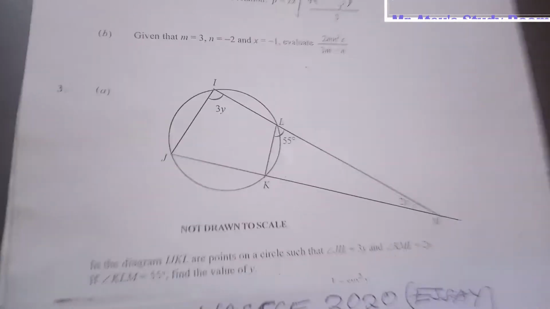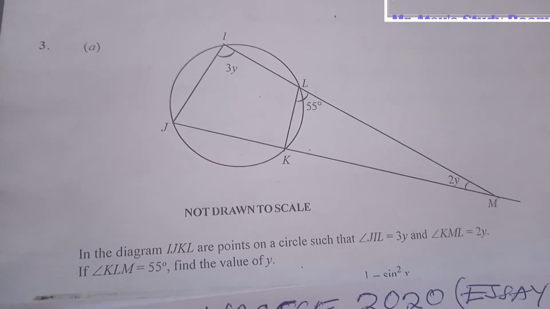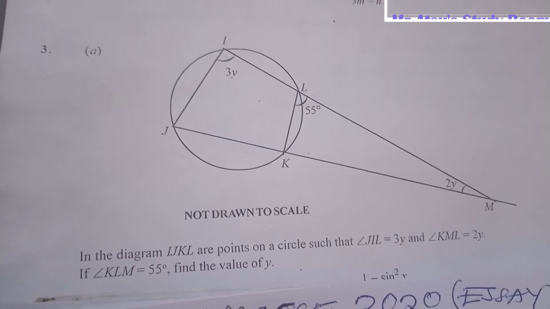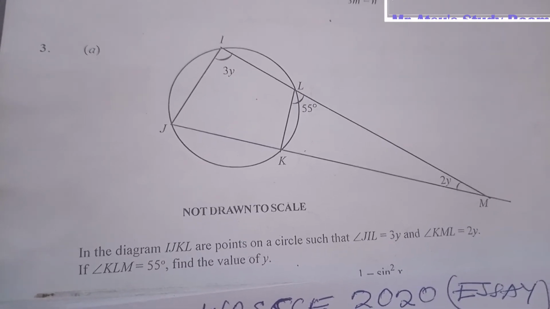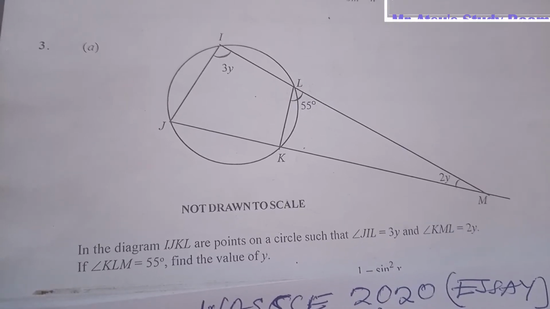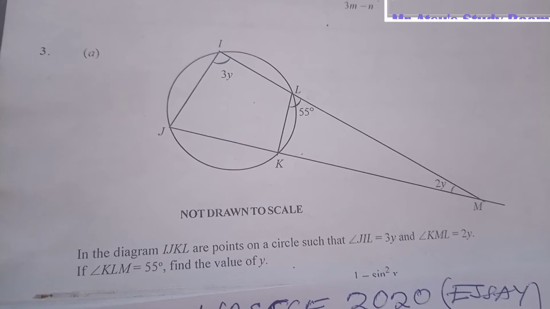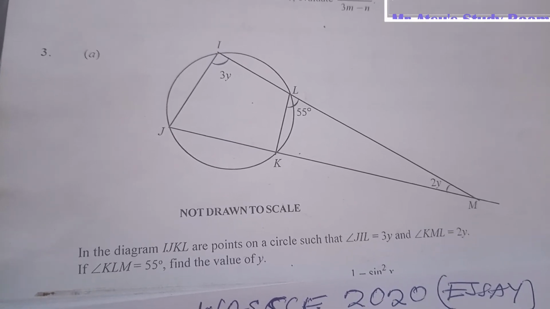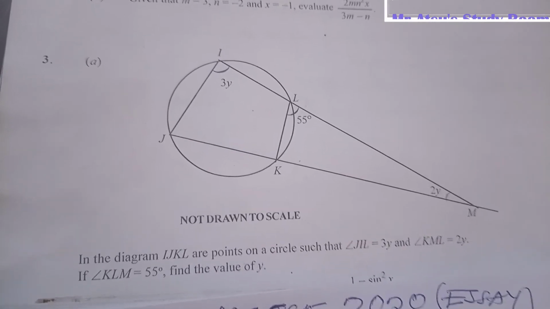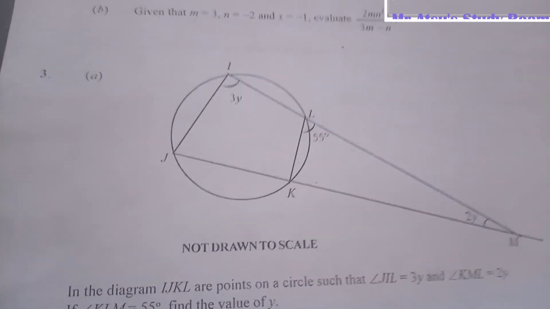Alright, so here we can see that this is a circle containing a cyclic quadrilateral IJKL. One side has been extended to a common point M with an angle 2y created there.